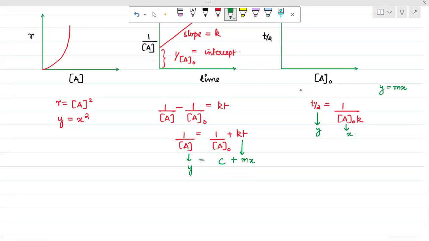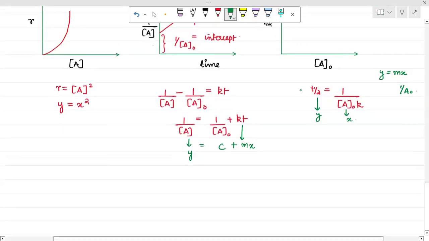Why? Because if you want to take it as y is equal to mx, it should be 1 by A naught. That's different. If it was 1 by A naught, then this would be your x, y is T half, and your slope would be 1 by K. This is different. It's just A naught, which is in the denominator.